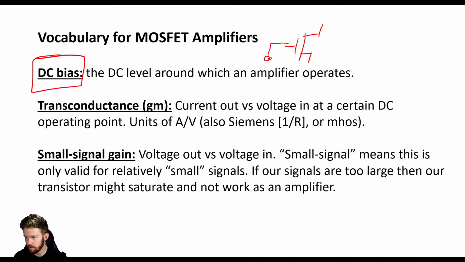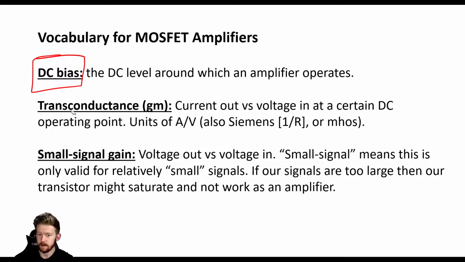If the signal were only 1 millivolt, we would never turn that MOSFET on, and we'd never get anything on the output at all. So we have to use a DC bias to get the MOSFET turned on already into a specific operation region. Whenever we do that, our small signals can create pretty large changes at the output. We need that DC bias to set the stage for our small signals to actually be amplified.